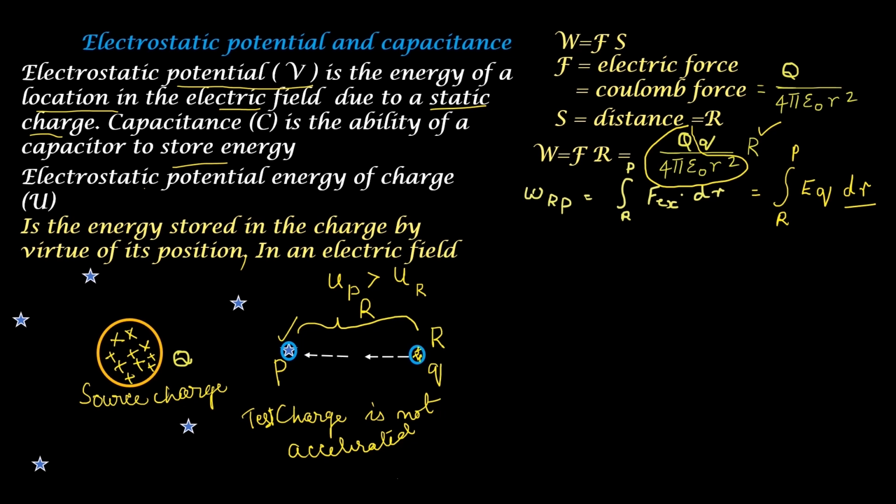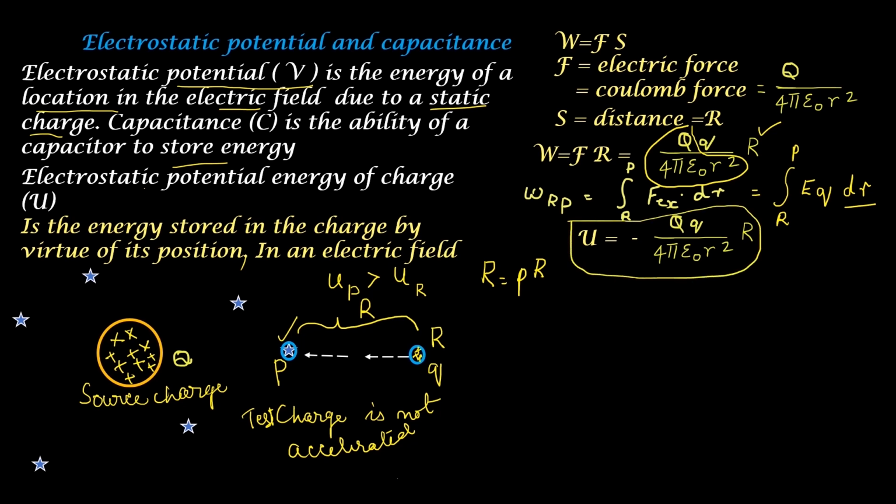This work done is stored as potential energy capital U at P. We can write it as capital U at P is equal to negative capital Q small q by 4 pi epsilon naught R square capital R. Work done is negative because it is in direction opposite to the direction of the repulsive force by the source charge. What is the change in potential energy at point P? It is the difference between the potential energy when the charge was at R and the charge at P.